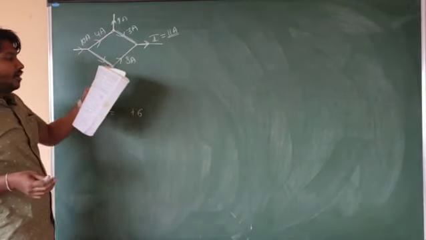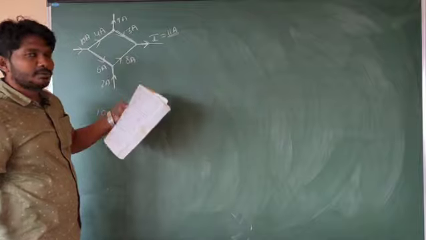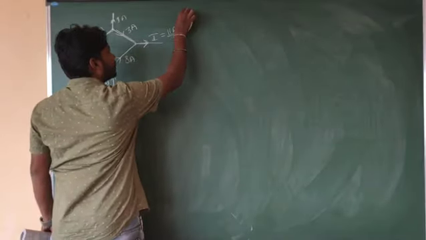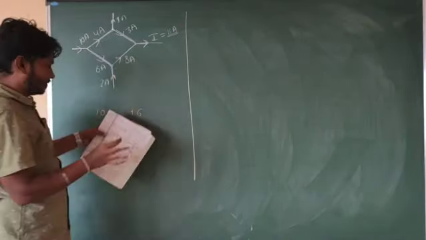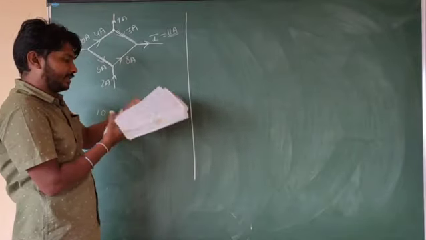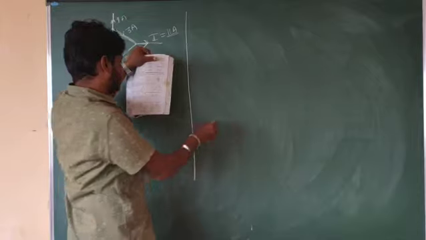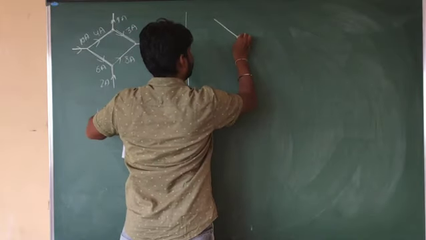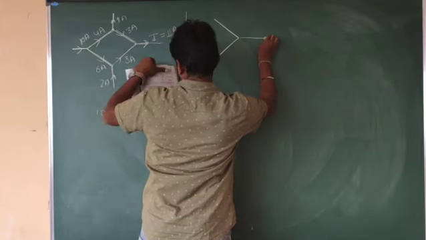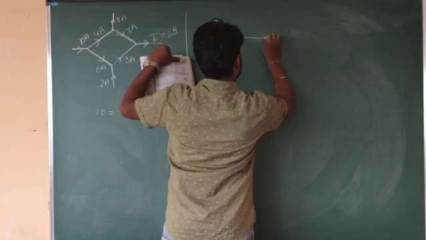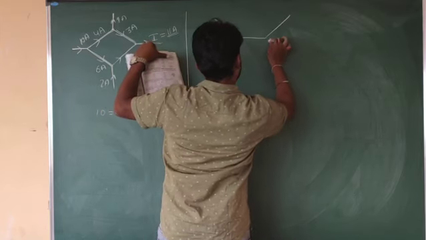Next one, find E for the given loop. So they mention one loop here. Look here, another example I will take related to the same KCL only. Electric current I in the given circuit. So I have to find the electric current in the given circuit.